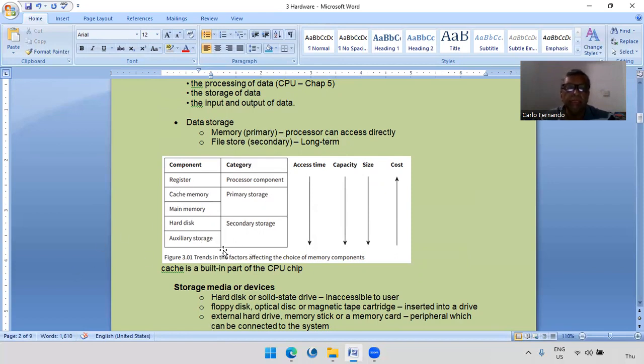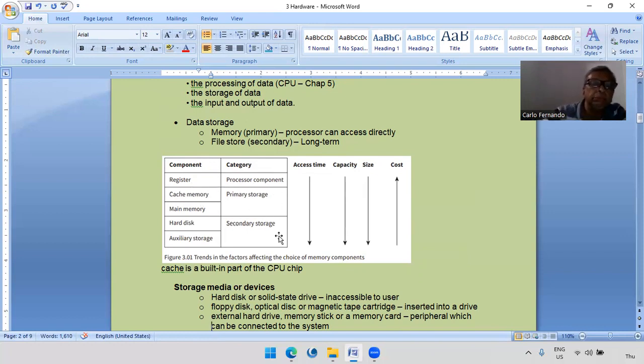So here is a chart. Trends in the factors affecting the choice of memory components. So the component here on this column, category, and the access time, capacity, size, cost, various indicators here. So let's take the first one, register.